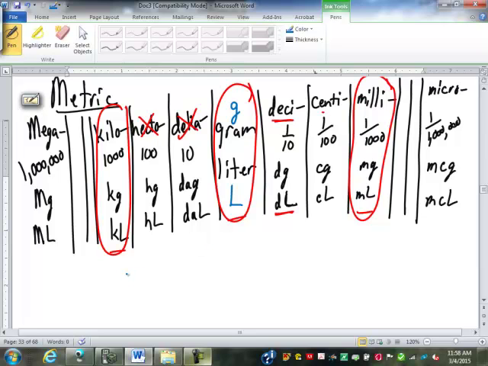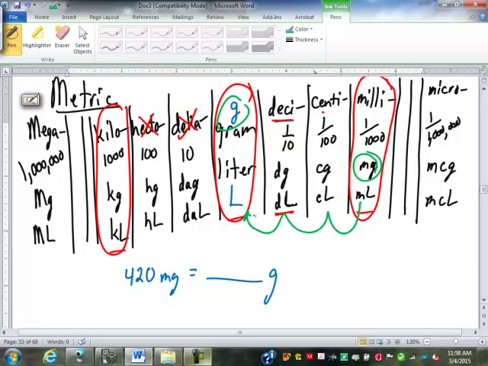So let's say I had to convert 420 milligrams into grams. Well, on my chart, moving from milligrams to grams is 1, 2, 3 spots to the left. The decimal point on my measurement has to move 1, 2, 3 spots to the left. That is 0.42 grams.